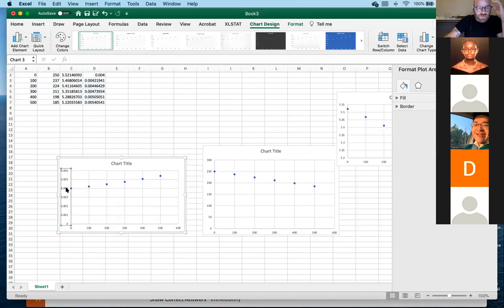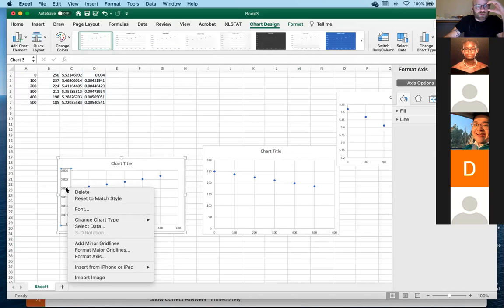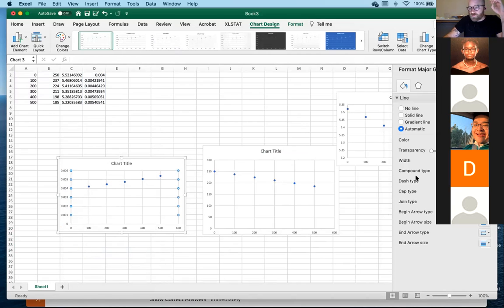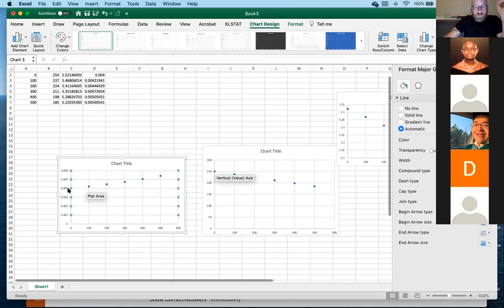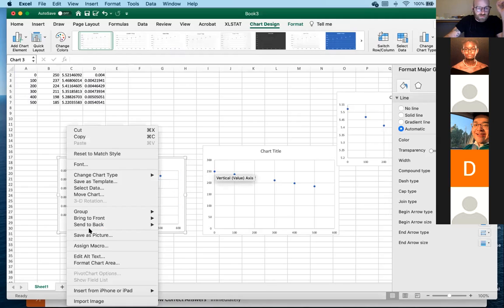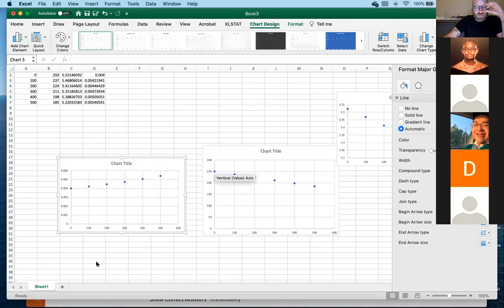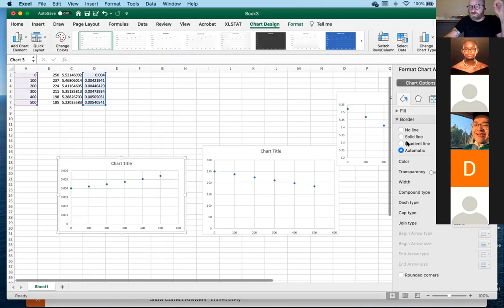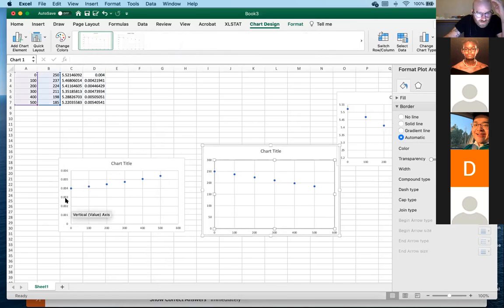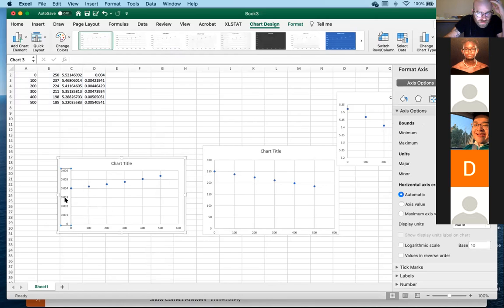I hate this new version of Excel. Format. Nope. Really just want to get this axis smaller.